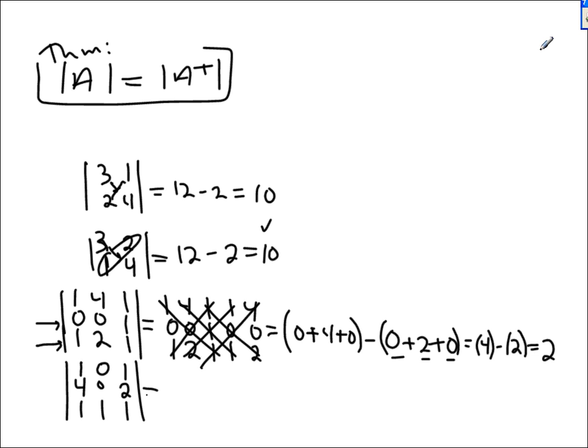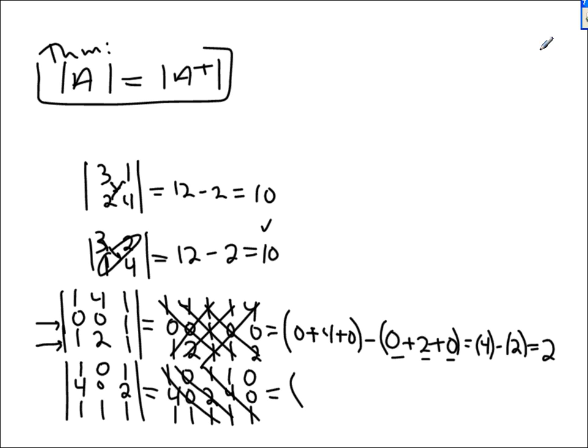Well, let's try the transpose matrix: 1, 0, 1, 4, 0, 2, 1, 1, 1. You repeat the first column. You repeat the second column. This product is 0, because one of the factors is 0. That product is 0.